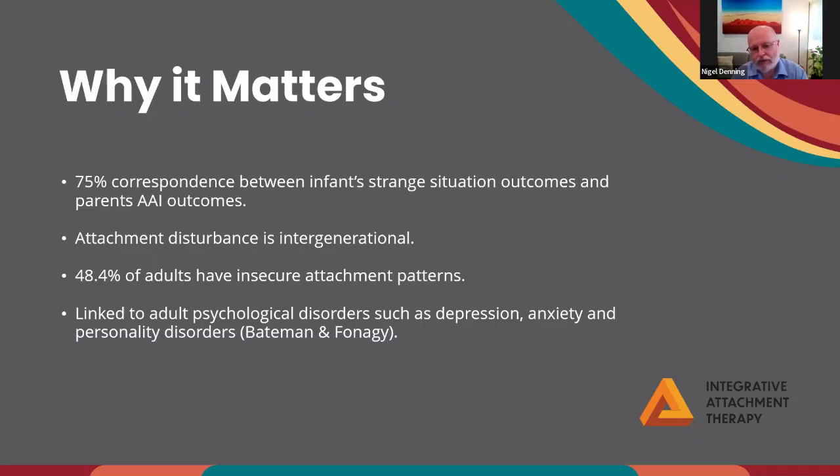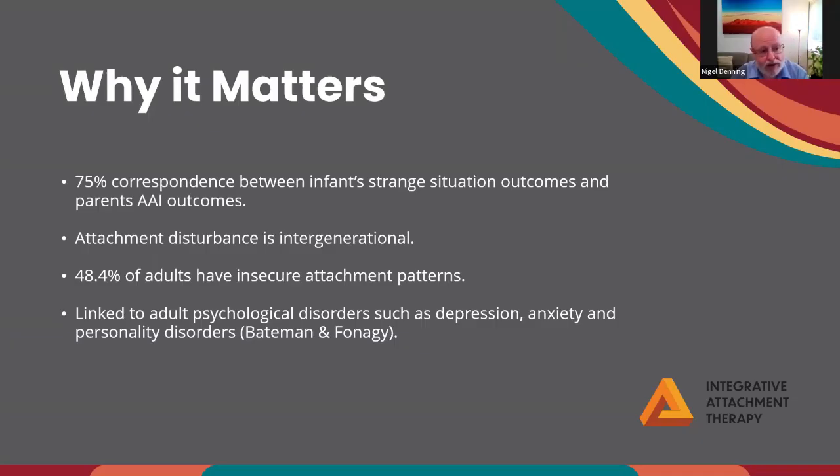The mother leaves, and the researcher remains. The mother then returns, and so the way that the child responds to the mother's coming and going is really what's assessed in the strange situation. Some children become very distressed. Some children just really shut down. So this gives us our first classification system around attachment.